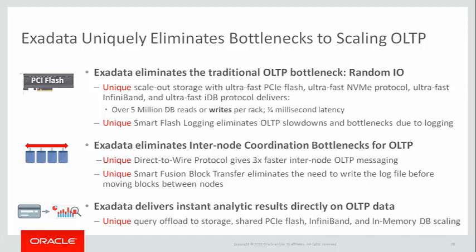There is also smart fusion block transfer, which eliminates the need to wait to write the log before the block is transferred between the nodes. That improves OLTP performance significantly. In addition, Exadata delivers instant analytical results directly on OLTP data by offering offload to storage, shared PCI flash, and in-memory database scaling.